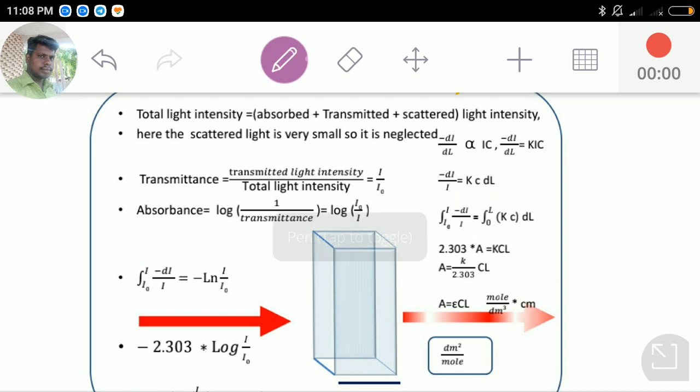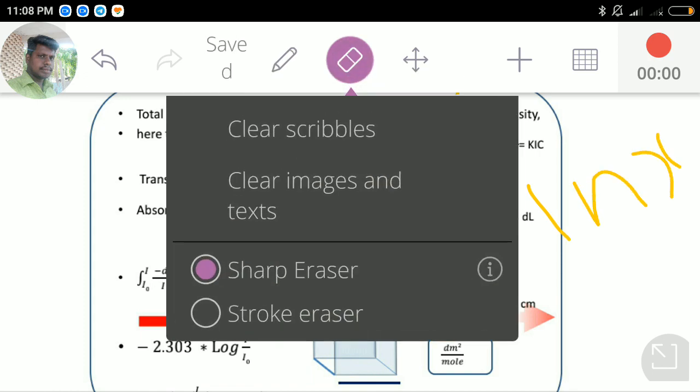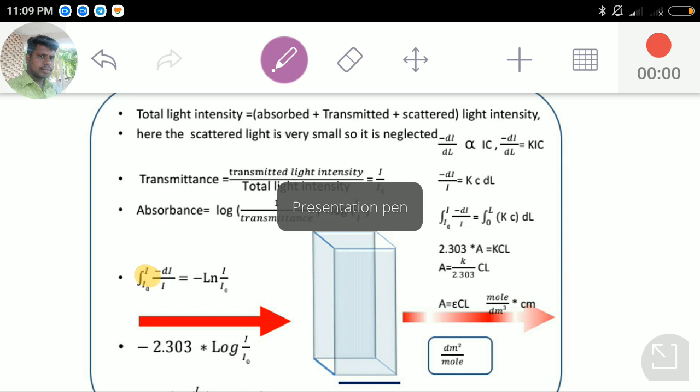We know that the integration of 1 by x dx equals ln x. This logarithm property is used here, and the minus sign is already there.